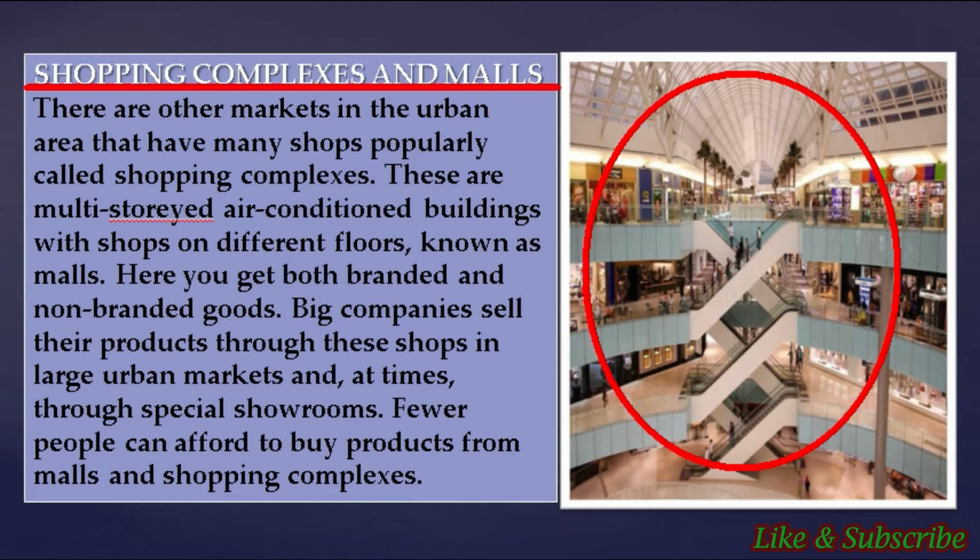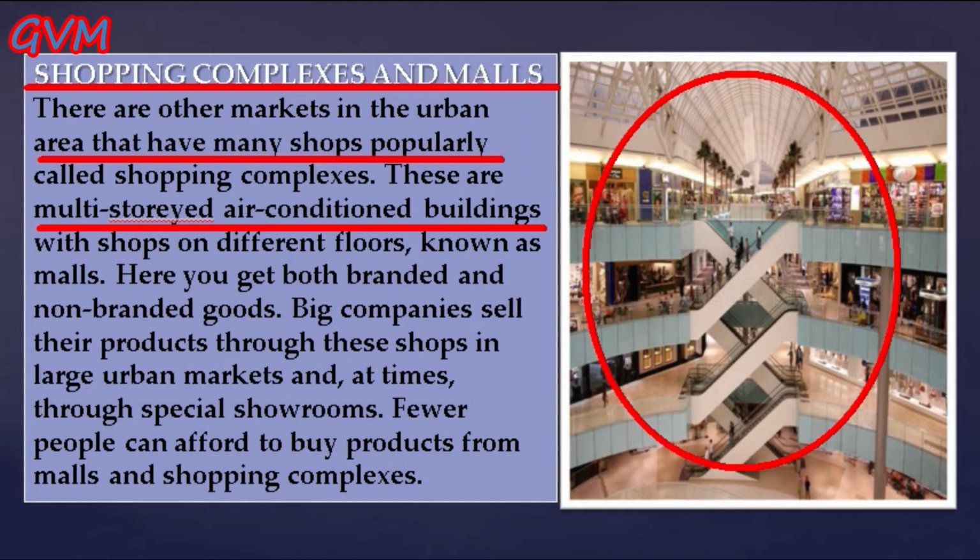And students, these malls are multi-storied air-conditioned buildings with shops at different levels. Now students, do you know what is the difference between shopping complexes and malls? Well, students, in a shopping complex, there are many shops, whereas a mall is a place with multi-storied air-conditioned buildings with shops on different floors.